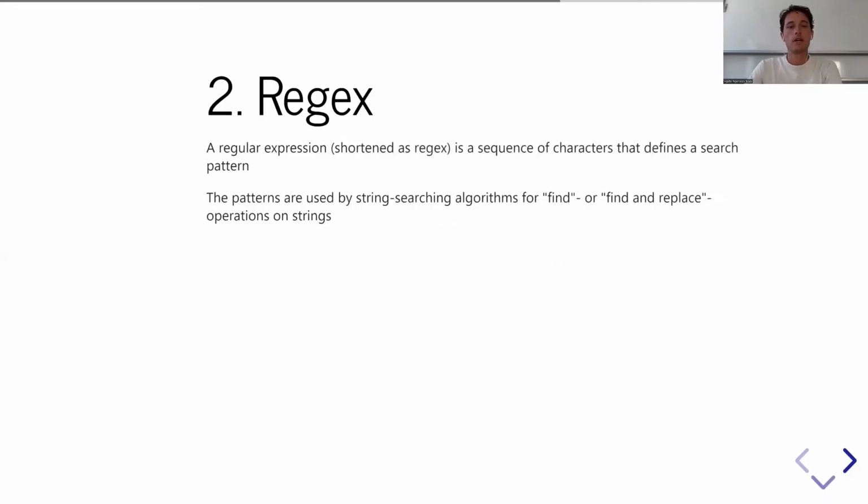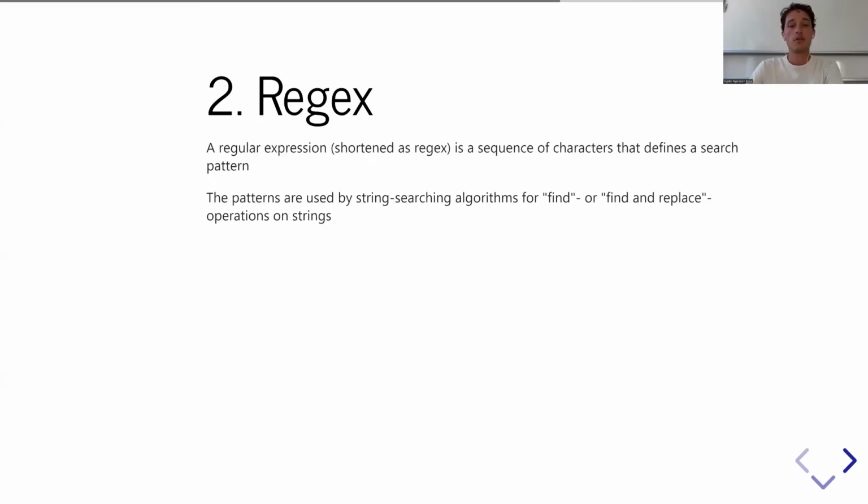So, regular expression, which is normally shortened as regex, is a sequence of characters that defines a search pattern. So this pattern can be used by a string searching algorithm.